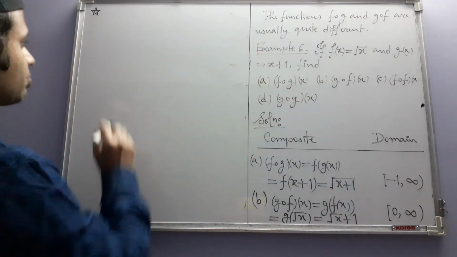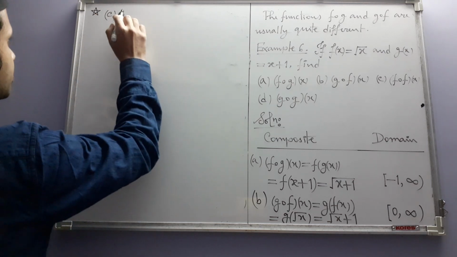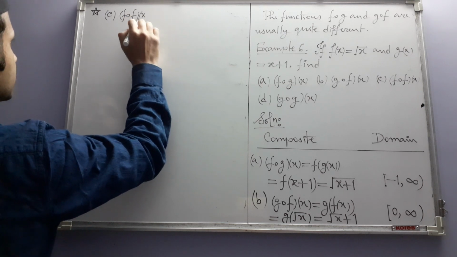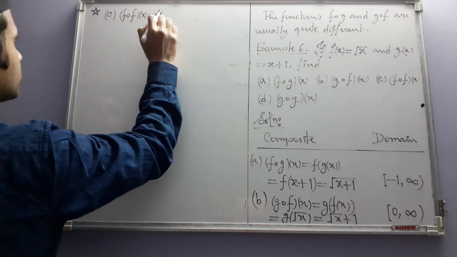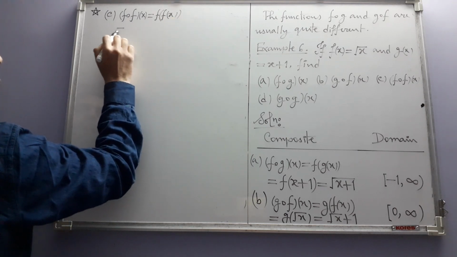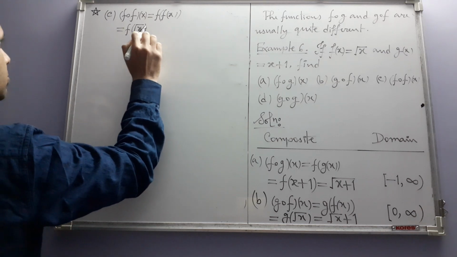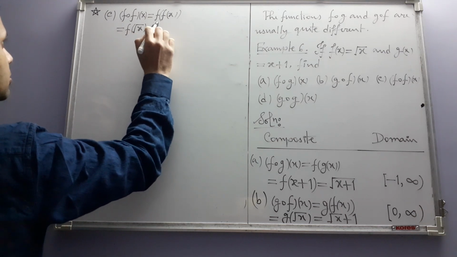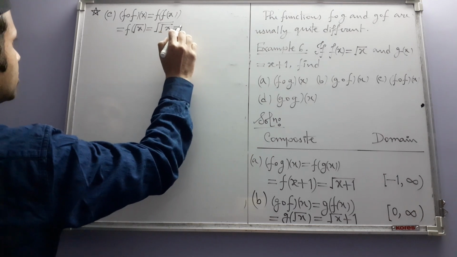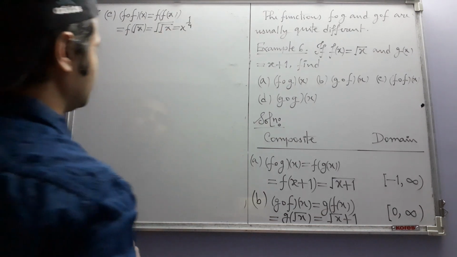Then in part C we have f composition f of x. So this is f of square root of x, which again is the square root of the square root of x, that is x to the power 1 by 4, the fourth root of x.